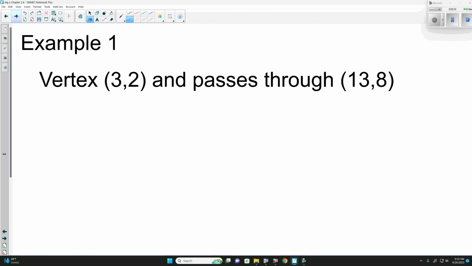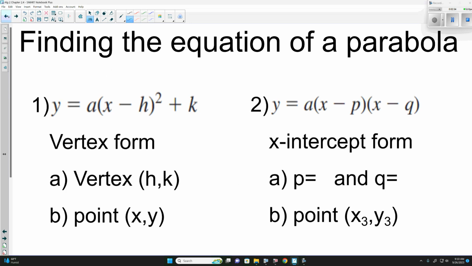When we look at this first example, they tell us the vertex is the point (3, 2), and it passes through the point (13, 8). Again, there's one of two equations we're going to use: vertex form or x-intercept form.